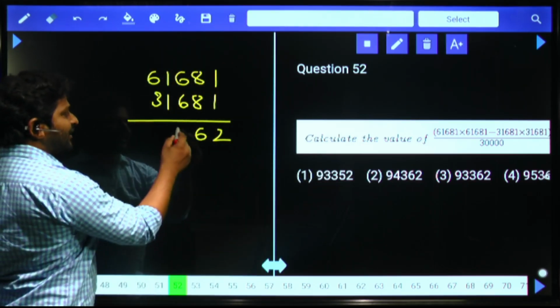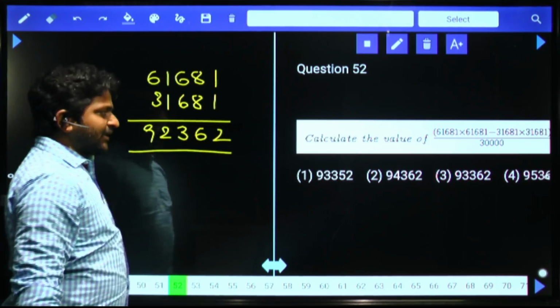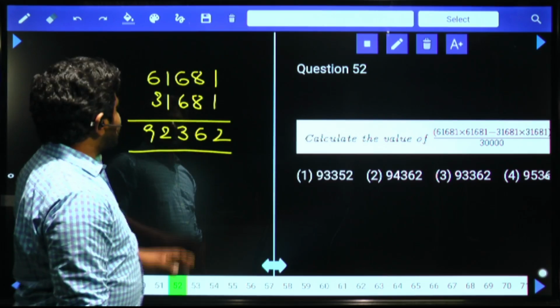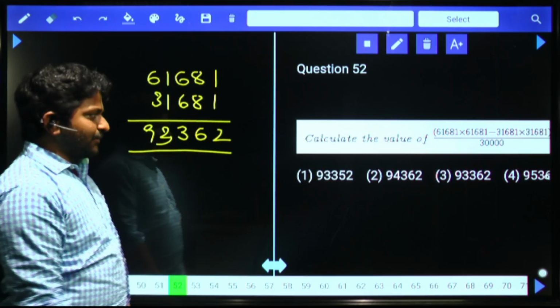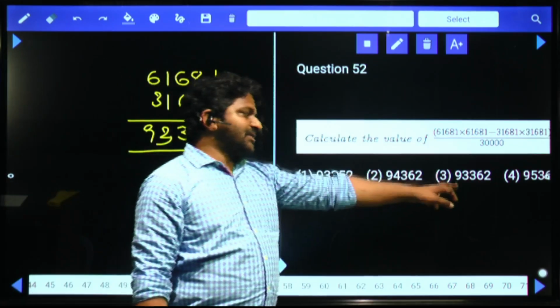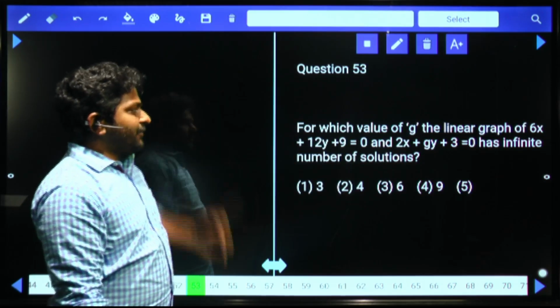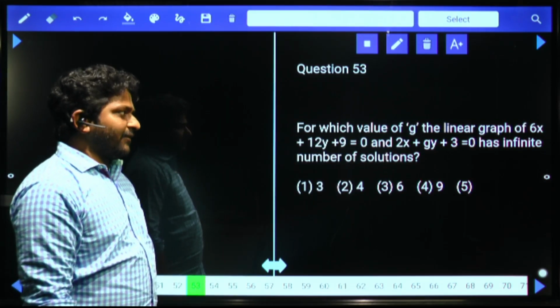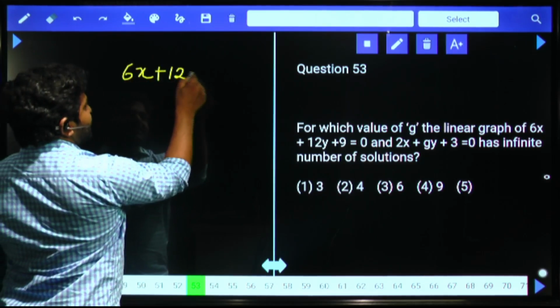So let's calculate the entire value. 93,362. Third option is the answer.